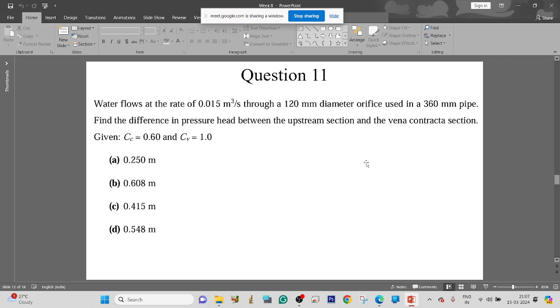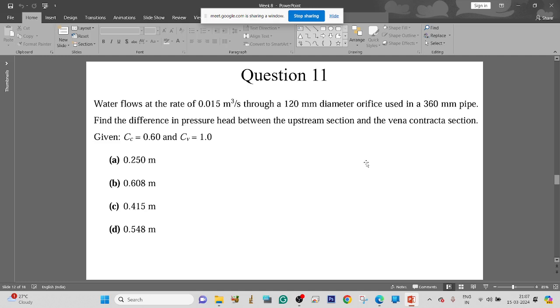So A naught upon A1 is given as 1/3. It's already given in the question, right? Diameter is given, so you can clearly find out A naught upon A1, and A naught is equal to pi by 4 into 0.12 square.